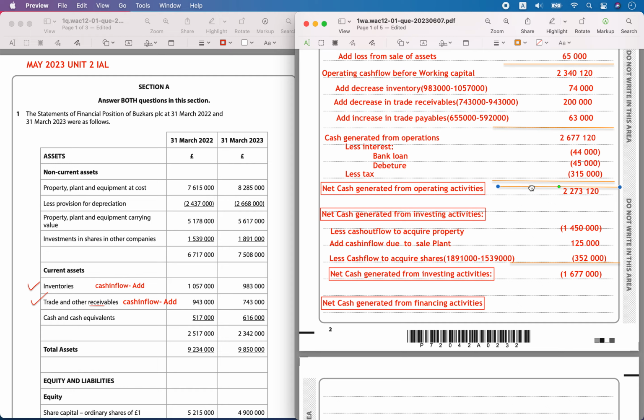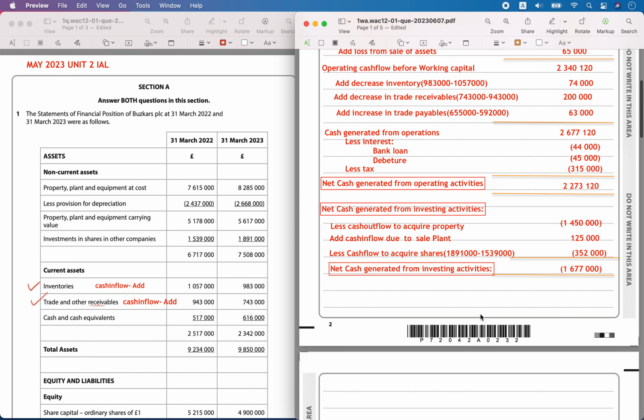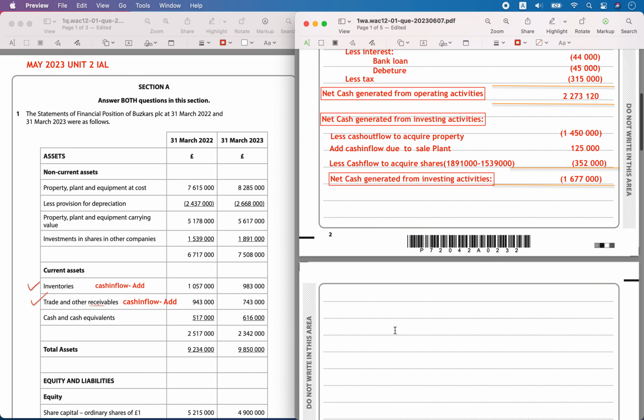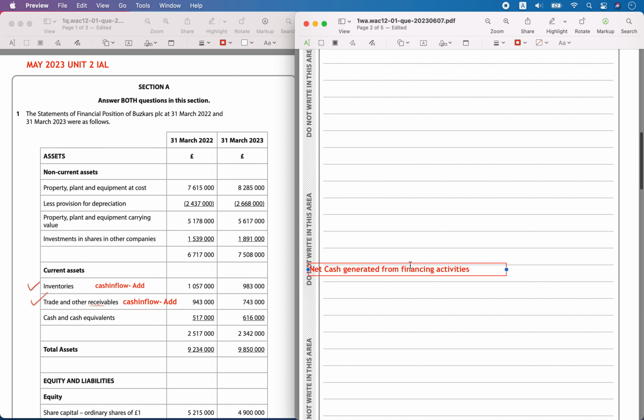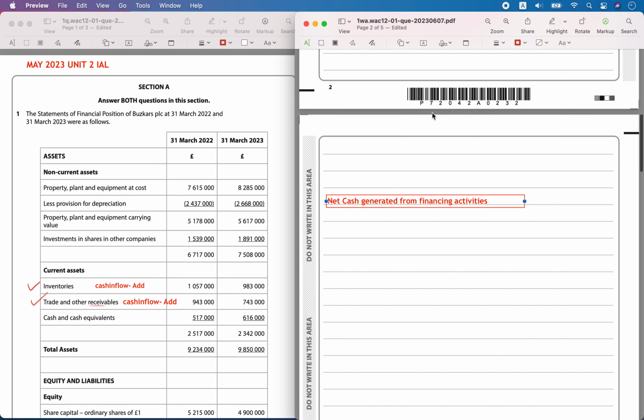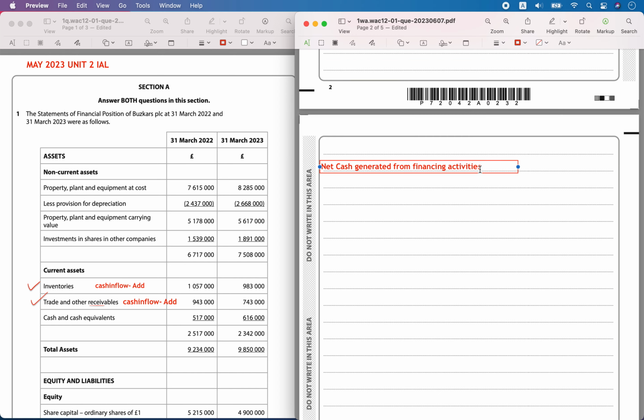Next we have to calculate the cash generated from the financing activity. Let's take it to the next page here. Cash generated from the financing activity means through the share, debenture, or any dividend paid, all those I will have to include in this one.